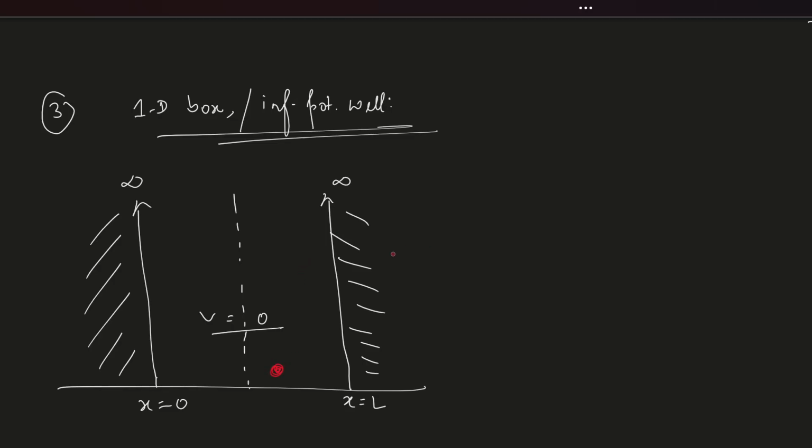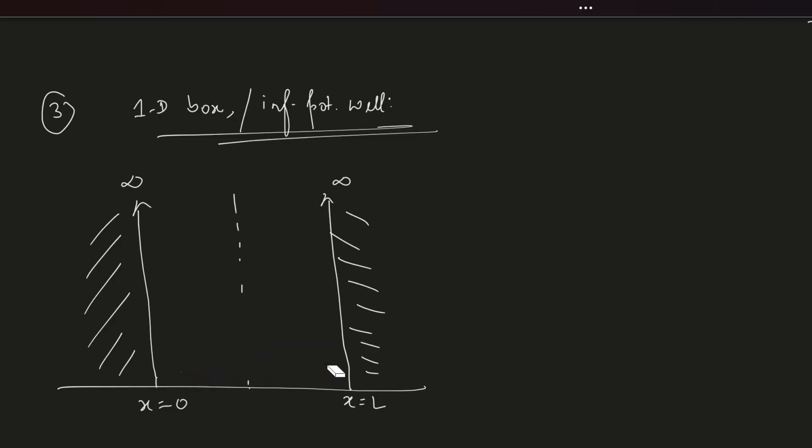Because the potential is infinity outside, the particle will not be able to go outside or tunnel, so it will be constrained to move in this box. So V equals 0 between 0 and L, and V equals infinity at all the other positions. For this kind of system, you have the eigenfunctions.